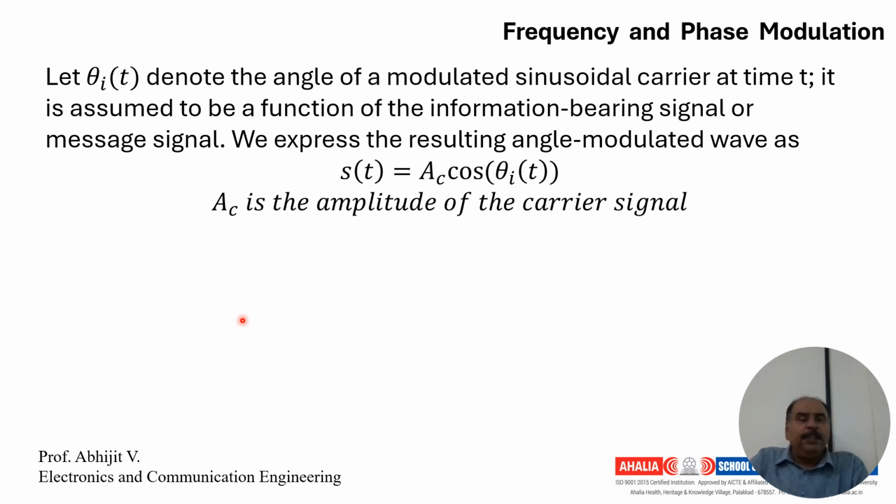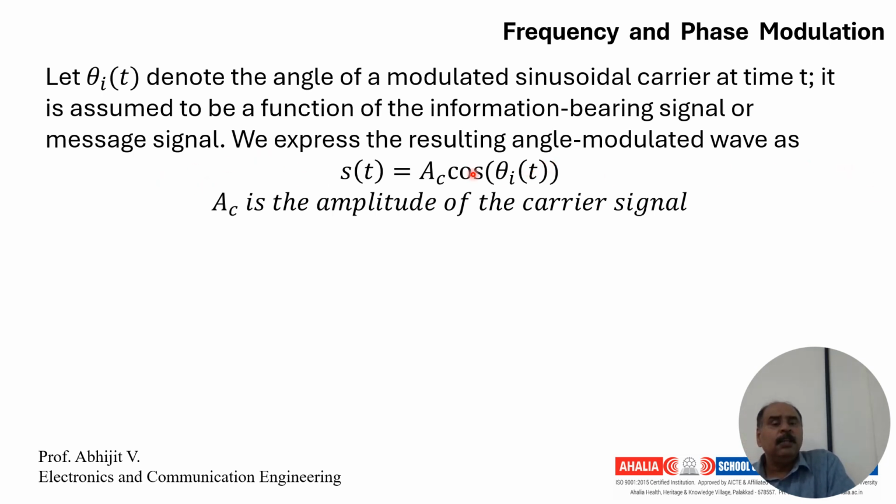Let theta i of t be the angle of the modulated sinusoidal signal at a particular time t. It is assumed to be a function of the information bearing signal or message signal. So let us consider theta i to be the angle of the modulated sinusoidal signal which is carrying the information that is being transmitted from one point.